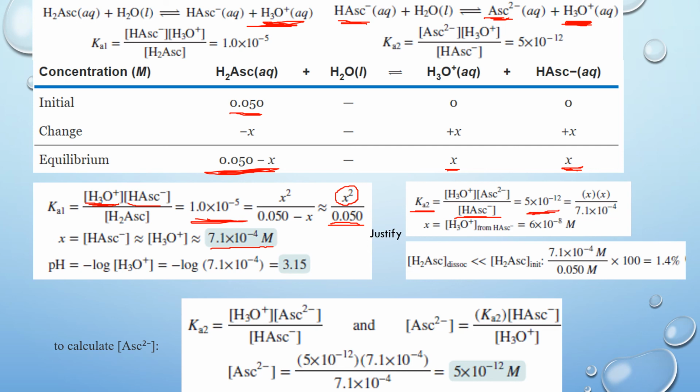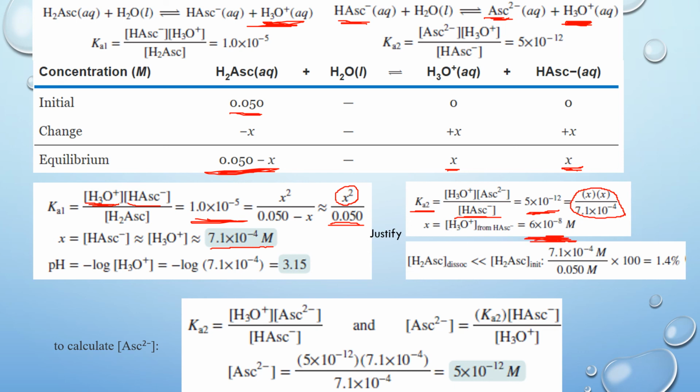And this is the Ka2 value. So I can create another ICE table. Using this equation, I can solve for x. So x, which is the amount of proton generated from the second reaction, is equal to 6 times 10 to the negative 8.